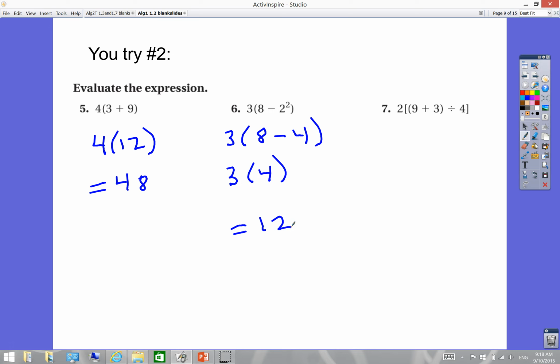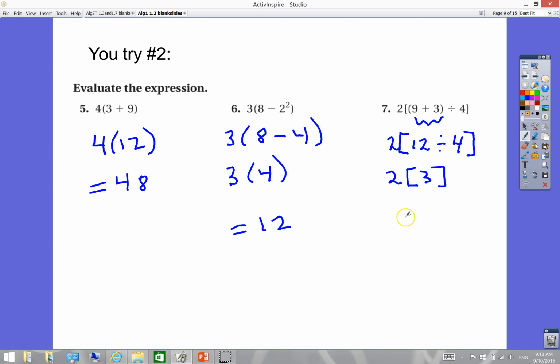And now finally, in the third one, we actually do have nested grouping symbols, parentheses inside of square brackets. So we should go to the inner grouping symbols first. So this will be 2 times square bracket 12 divided by 4. Now inside the square brackets, 12 divided by 4 is 3.